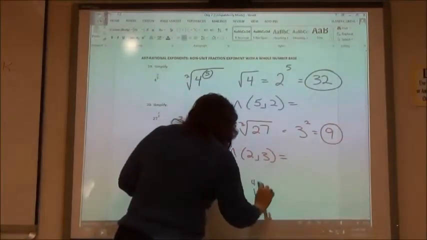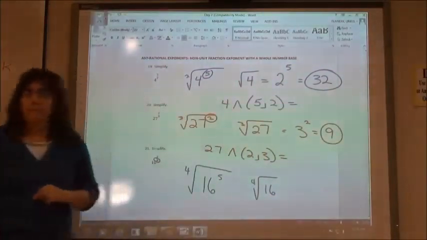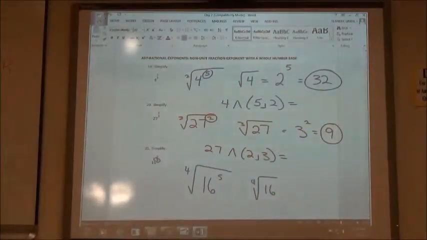So we're going to start with the 4th root of 16. What number times itself 4 times would give me 16? Can't be a very big number, right? If you did 4 times 4 times 4 times 4, it's going to be way bigger than 16. 2, right? 2 times 2 is 4, 4 times 2 is 8, and 8 times 2 is 16.